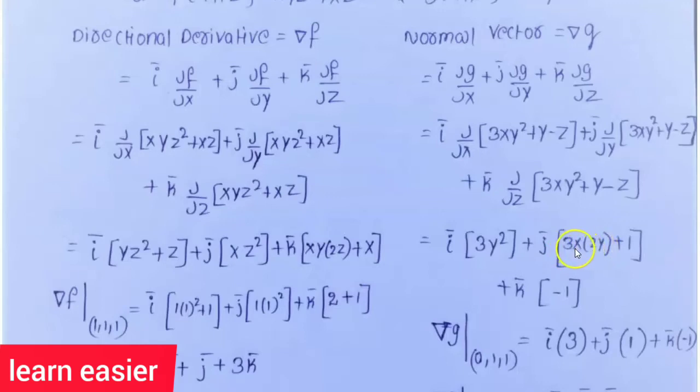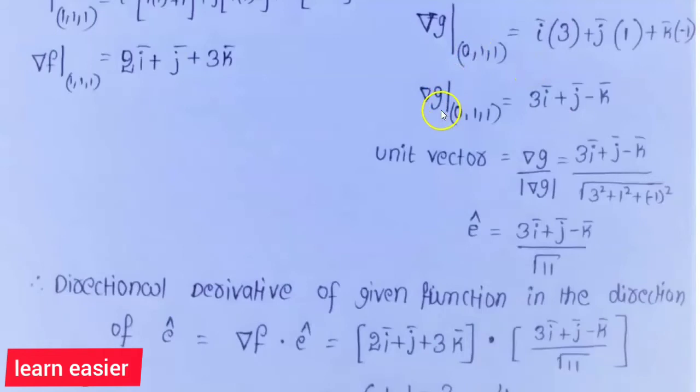So 3 into 0 is 0, so this term becomes 0 plus 1, so 1 into j bar, plus k bar into minus 1. So we got del g at the point (0, 1, 1) is 3i bar plus j bar minus k bar.